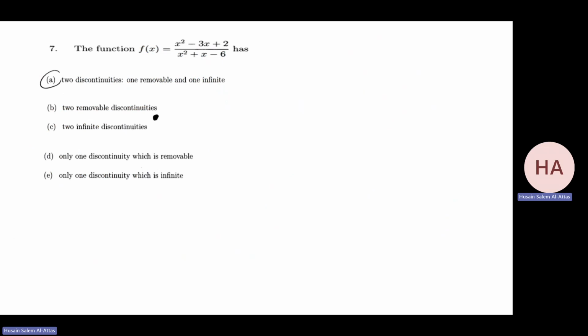This one is talking about discontinuities. Just simplify. This is f of x, and this is x plus 3 times x minus 2. Correct? 3x minus 2x is x, and this is minus 6. The other one is minus 3x plus 2. Very clear, the potential points are x equals 2 and x equals minus 3.